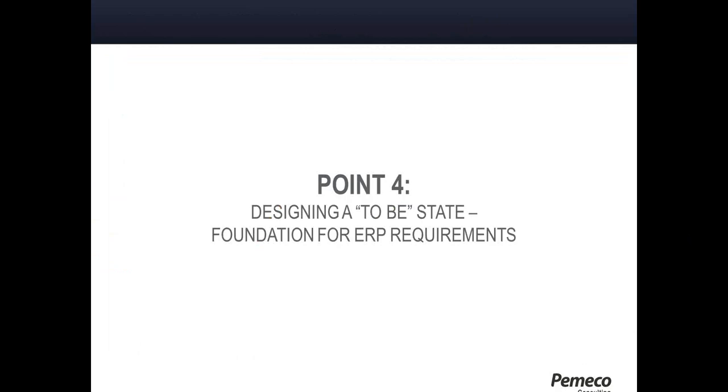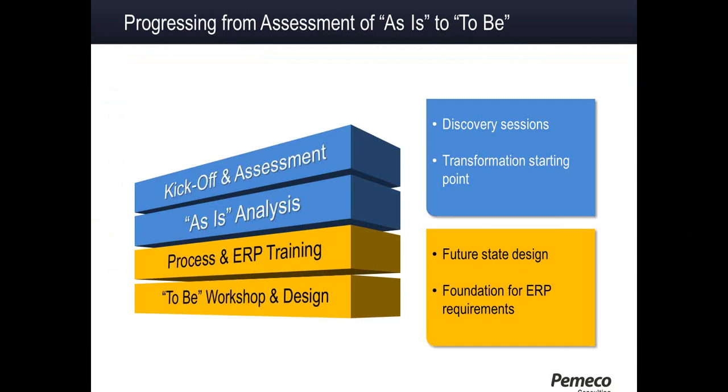Now, once we get to the as-is, obviously the next step is, where are we going to take the solution? What does the future need to look like? So we've done the kickoff and assessment. We've done the as-is analysis. We've also talked about the people element of your business, which is really critical because so many companies nowadays that have never used these types of systems before are stepping up to it and understanding that they really need to be in this game.